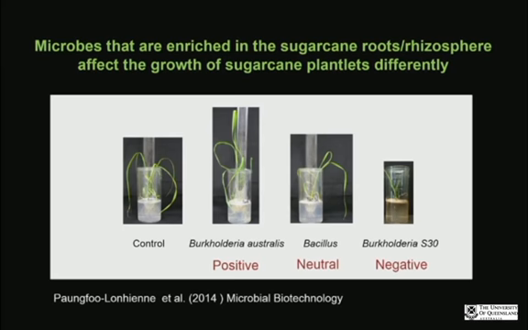But she found that Burkholderia australis, which was isolated from sugarcane soil, and Bacillus and other Burkholderia had quite different effects on the way they interacted with sugarcane. This one had a positive effect. The plants were much happier, grew better, accumulated nitrogen, were just more vigorous. This one had no effect whatsoever, and this one was actually a baddie, so the plants didn't look very happy.